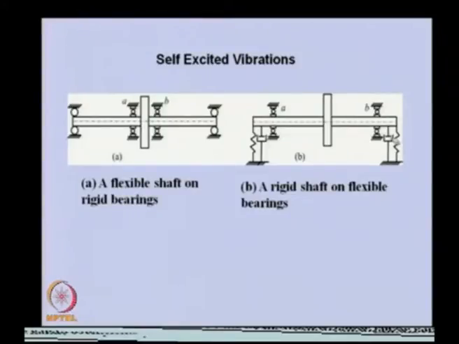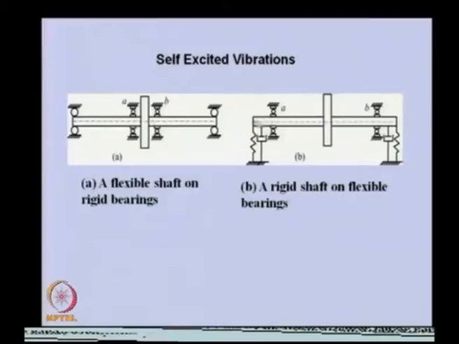Now if we try to arrest the motion of the shaft at the ends by providing rolling element bearings fixed to some kind of stator, so we are preventing the motion of the shaft ends, then we will see that the self-excited force that was generated earlier will also die down.